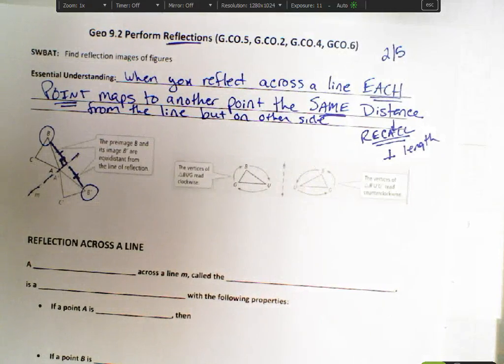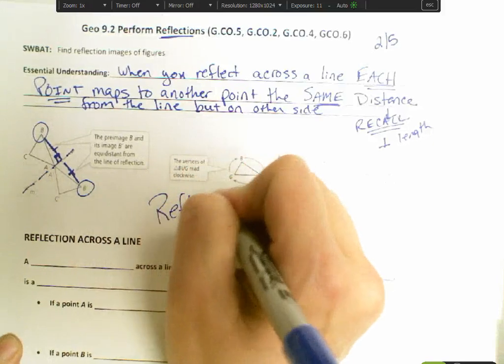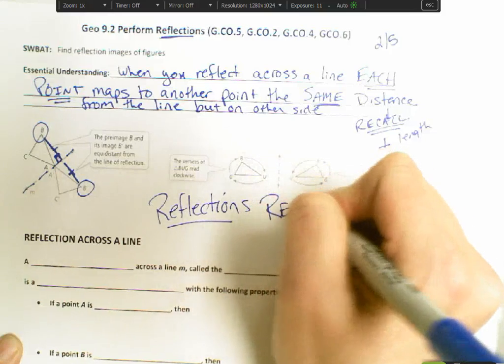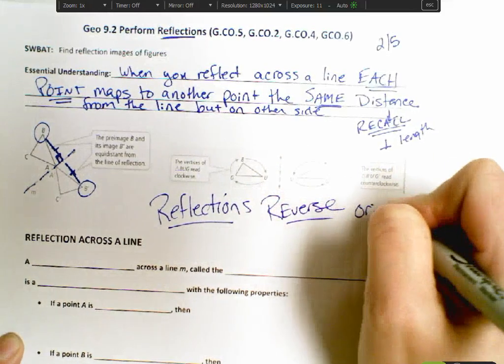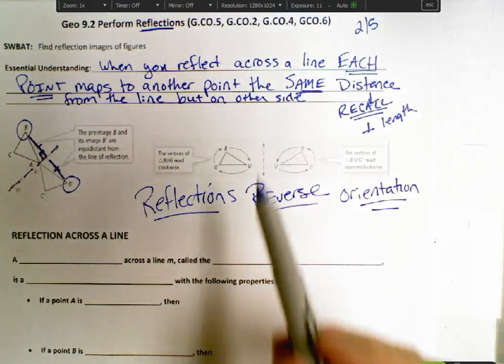What we need to notice that's different about reflections and translations is that reflections reverse orientation, because we're flipping it over the points reverse.